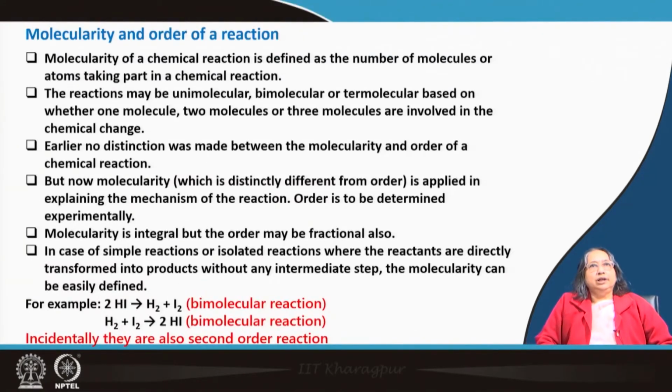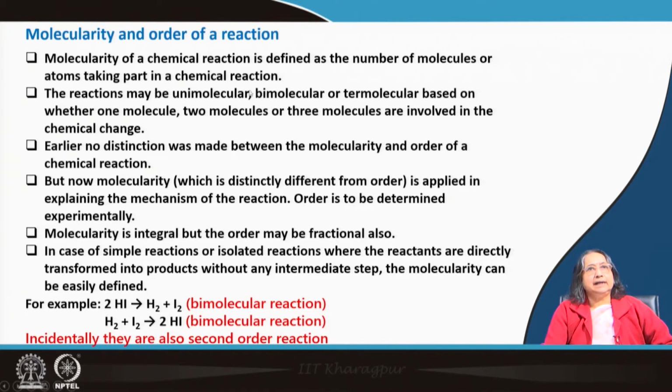Now, what is molecularity and order? What is the difference between the molecularity and order of a reaction? By molecularity of a chemical reaction, usually we mean the number of molecules that are reacting in a balanced equation.